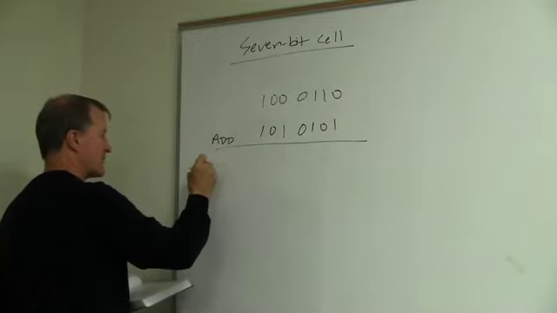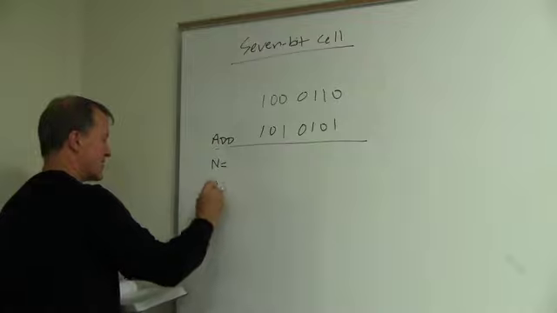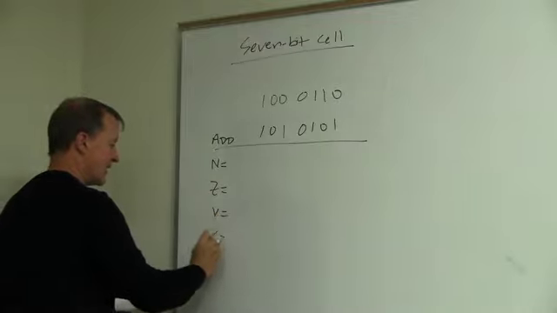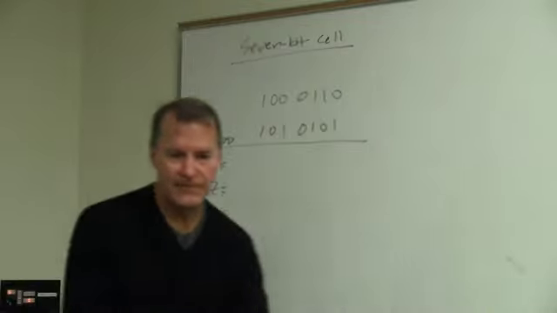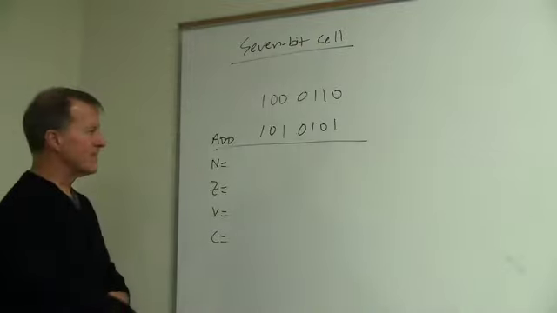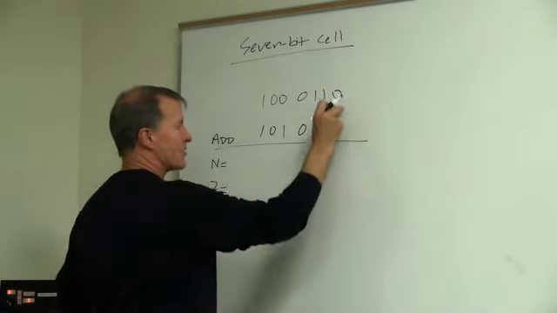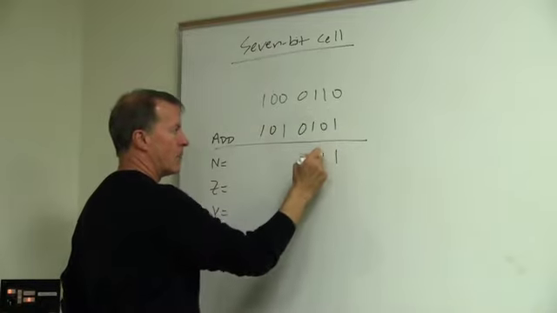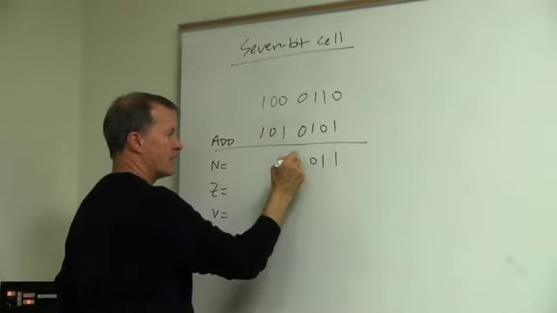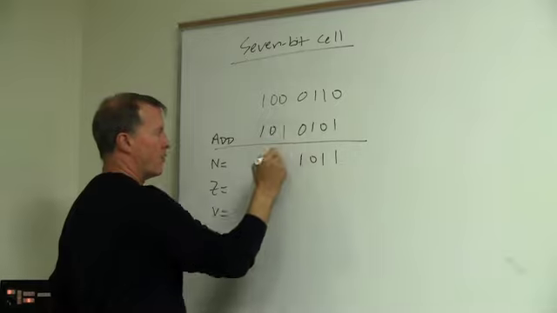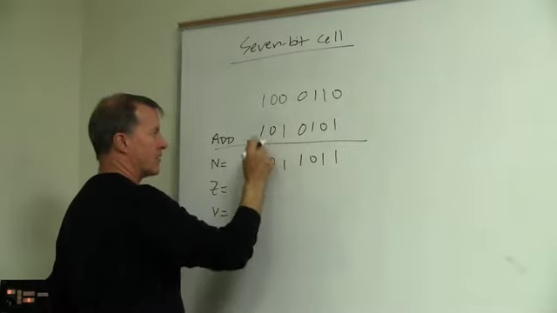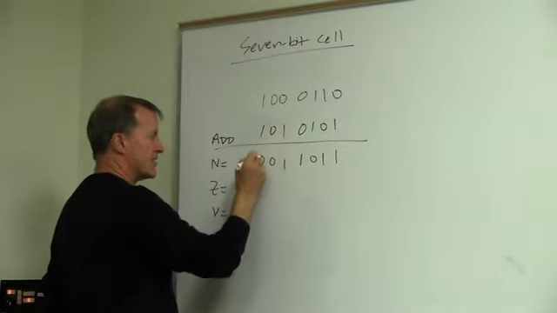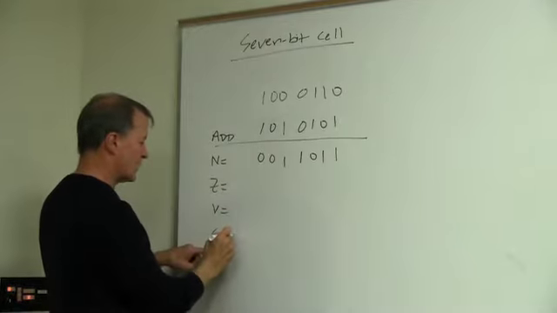We also have to determine N, Z, V, and C. Okay, now watch this. 0 plus 1 is what? 1. 0, carry the 1. 1. 1. 0. 0, carry the 1.